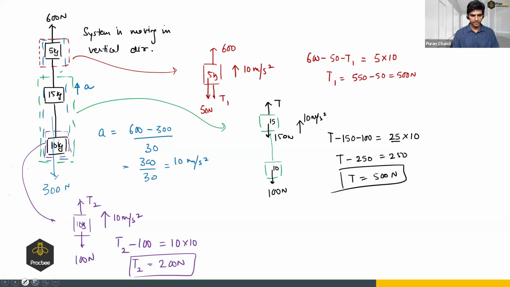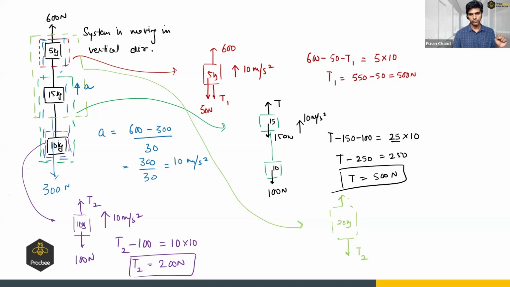And you can also get the same answer if you draw the free body diagram of this subsystem, right? If I draw that, what is the mass of the system? 20, right? So mass is 20 kilogram. There is a tension T2 acting in the downward direction.